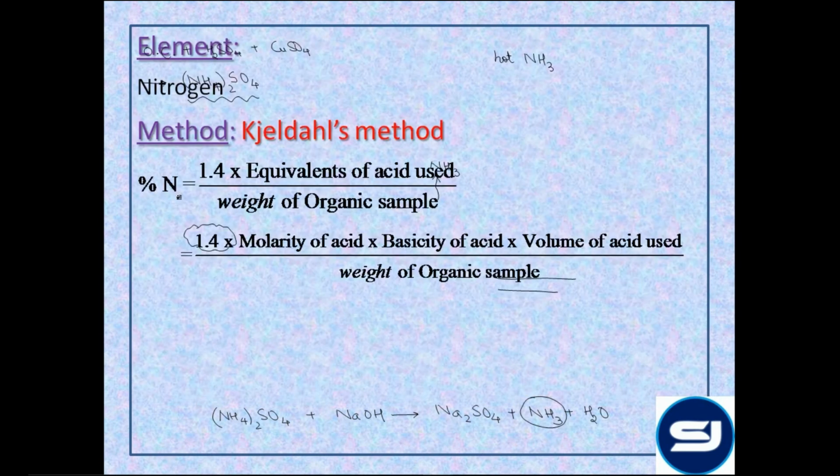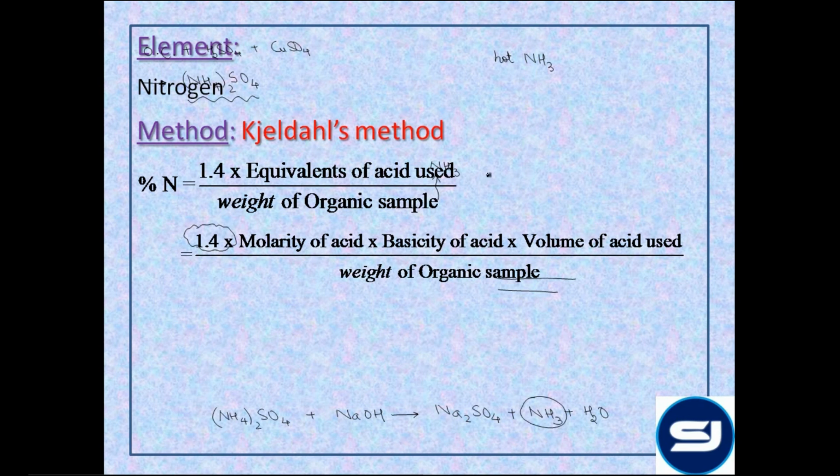So after the titration of ammonia, which is released, with the known acid, that is generally sulfuric acid, or it can be any other acid, the percentage of nitrogen could be estimated by a simple formula, which is 1.4 into the equivalence of acid used upon weight of organic sample.